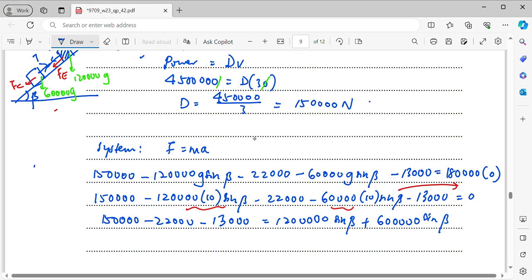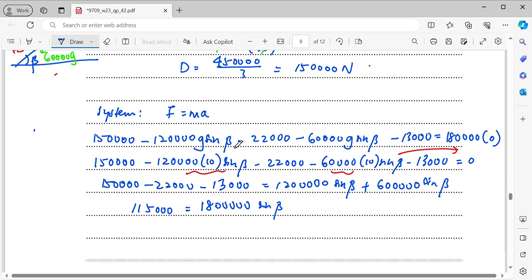So the left hand side you will be getting 115,000. The right hand side it will be 18, 1, 2, 3, 4, 5. There will be 5 zeros here. Alright, so from here I will get sine beta.